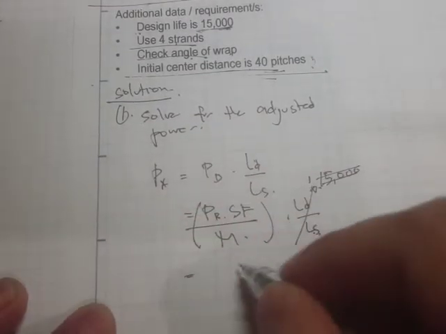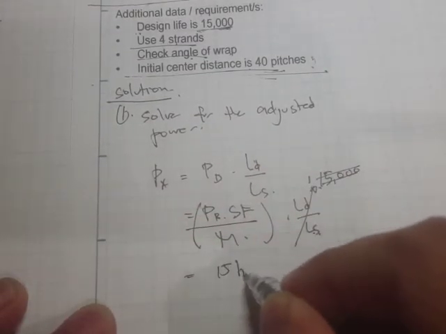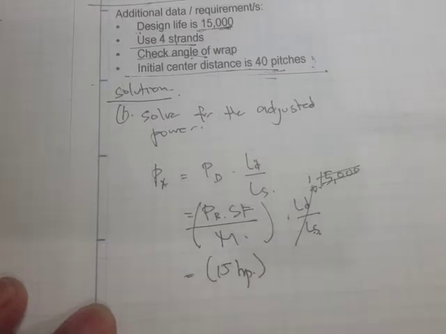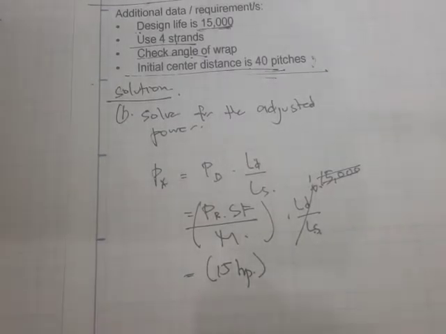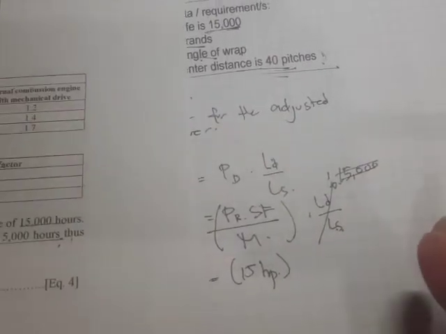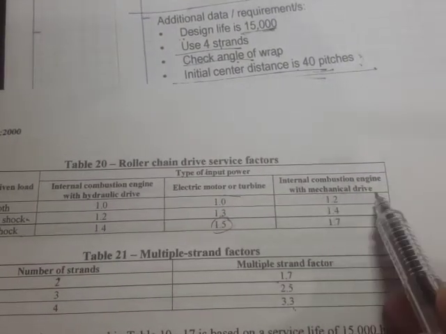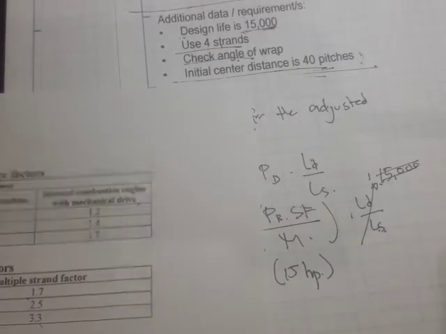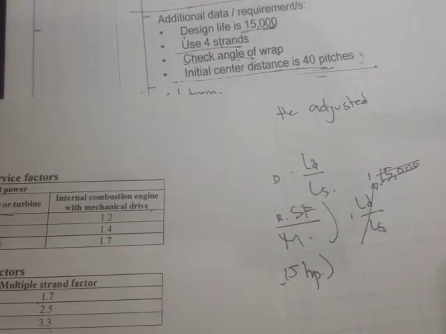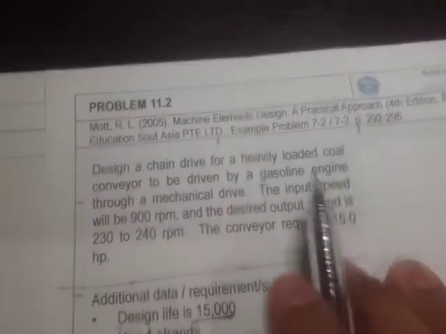Okay, so the required power is 15 HP. This one is given in HP, so let's just use HP for now, and let's obtain the value of SF. We have this internal combustion engine with mechanical drive, and it says here heavily loaded coal conveyor, so we'll just use these heavy shock loads.